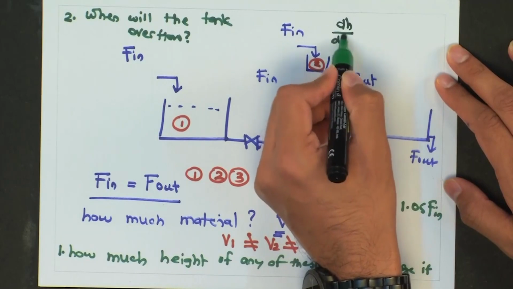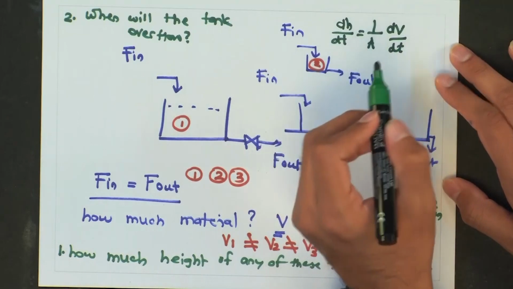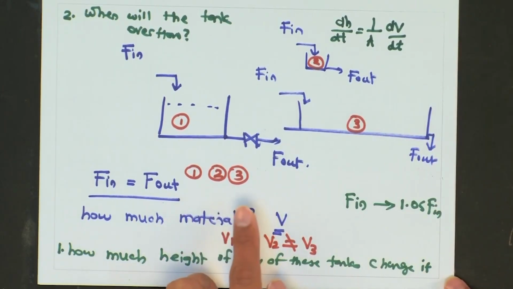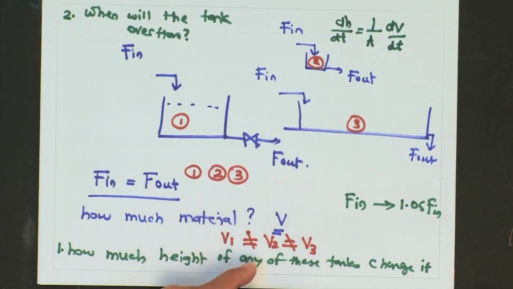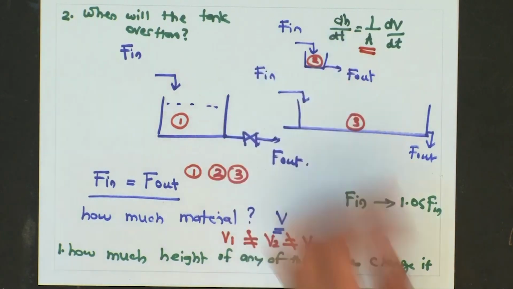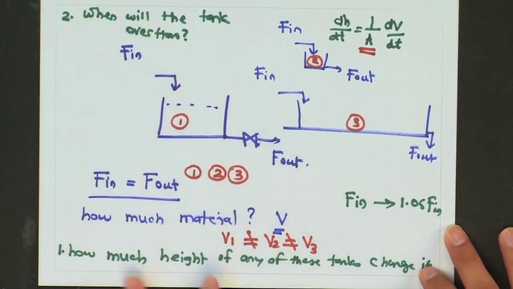that dH by dt is 1 over A times dV by dt, and this dV by dt is related to the change in F in. So this dV by dt is the same for all the 3 cases 1, 2 and 3. What makes the difference for all these 3 cases is that all of them have different areas, and because of that all of these will have different rates at which the height will change, and accordingly all of these will overflow at different times.